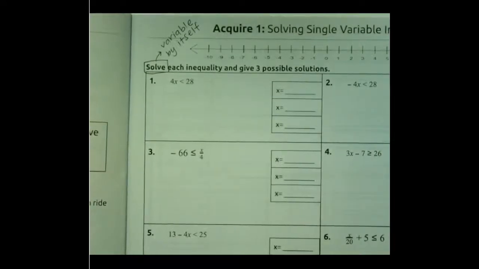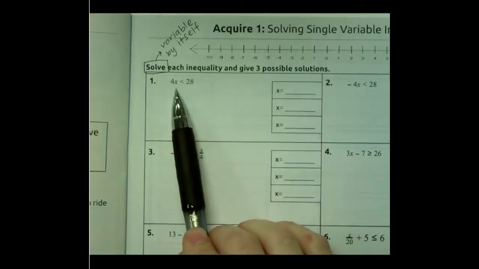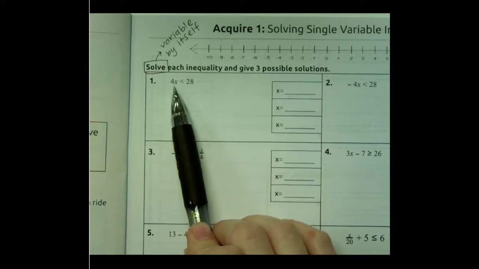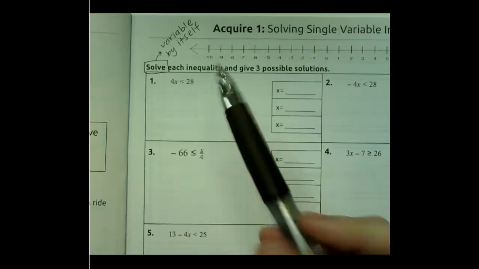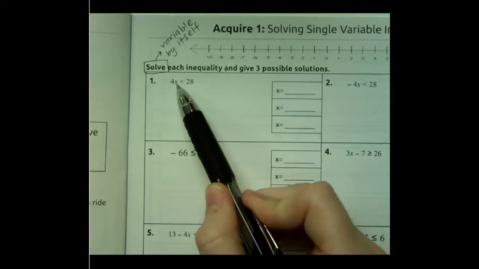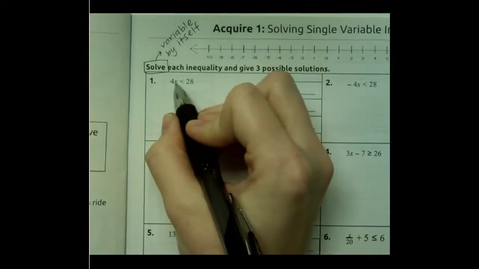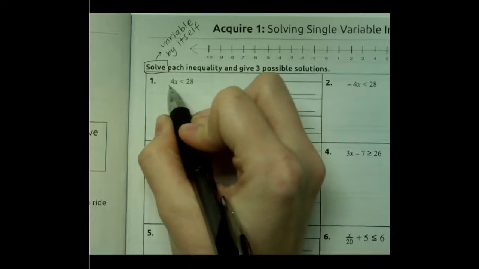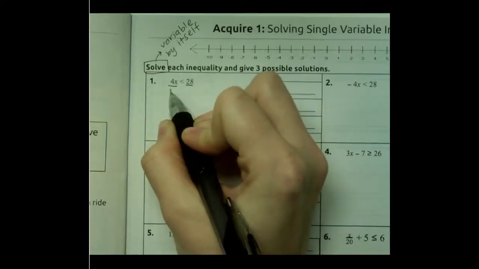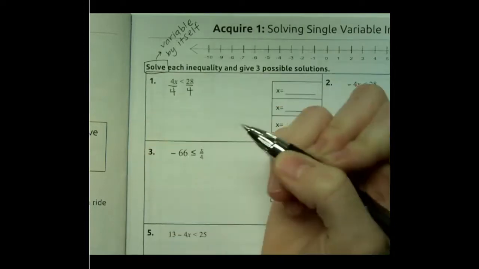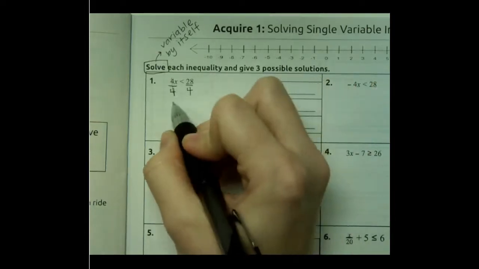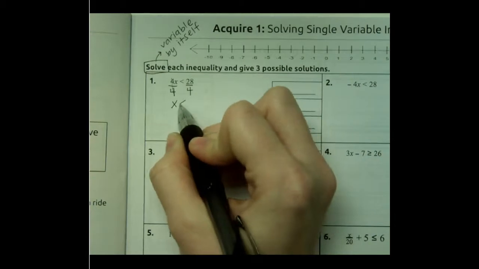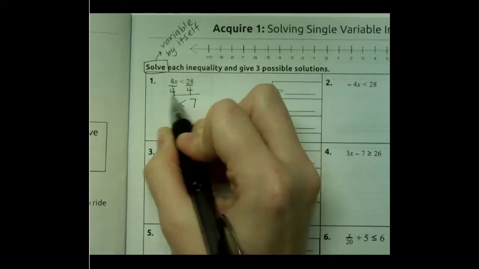So using the same type of rules as solving an equation, I'm going to solve this. I've got 4 times x is less than 28. If we have 4 times x, to get rid of times, we have to do the inverse or the opposite. That means we're going to have to divide on both sides by 4. 4 divided by 4 is 1. So I've got 1x is less than 7.